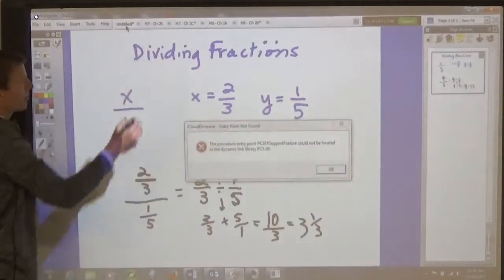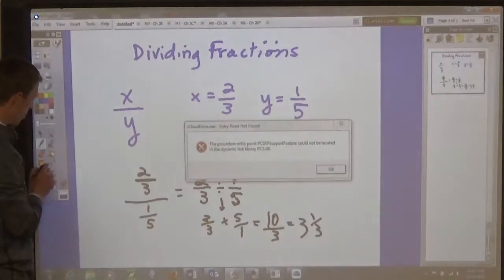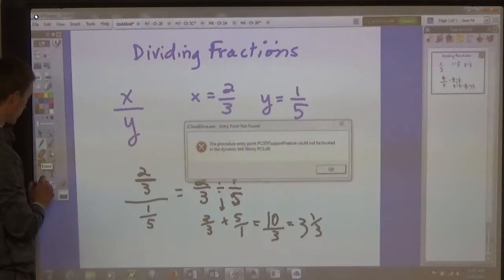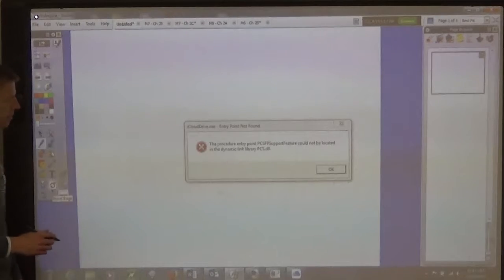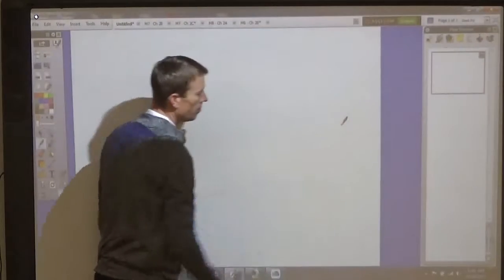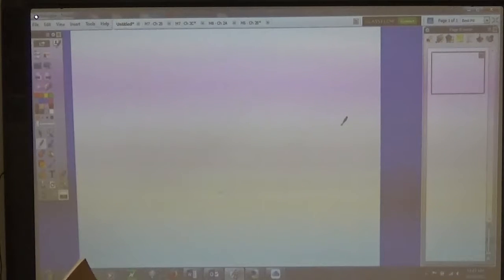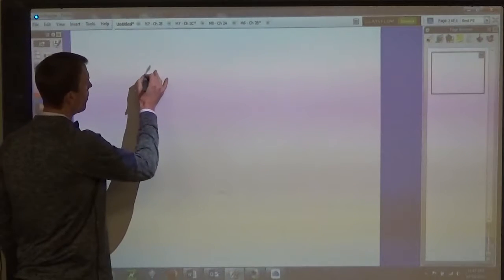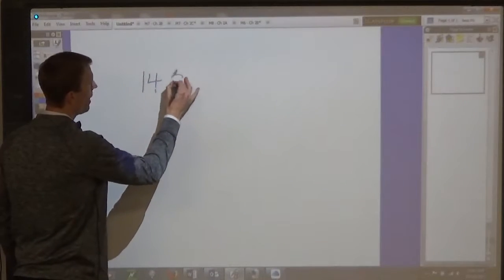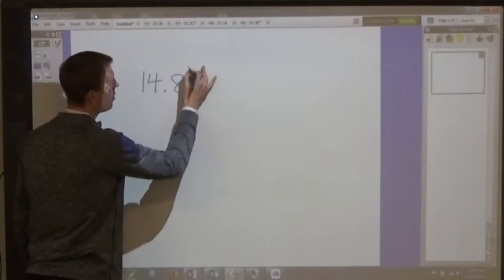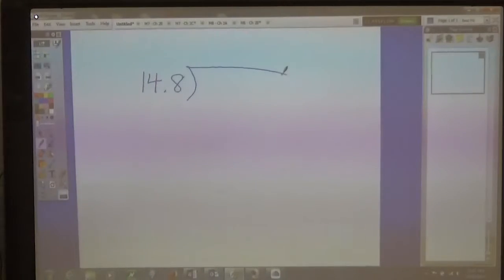So, let's go to your assignment that I assigned to you. First, let's get rid of this. Number 1, copy the problem, make the divisor a whole number. And so the problem is 14.8 into 99.456.